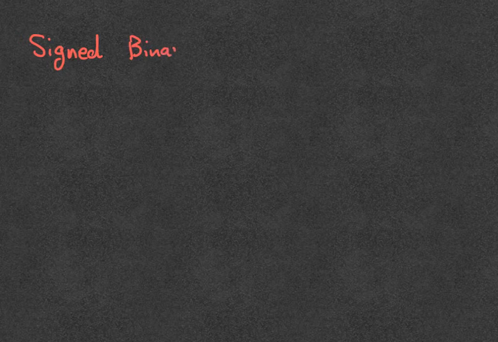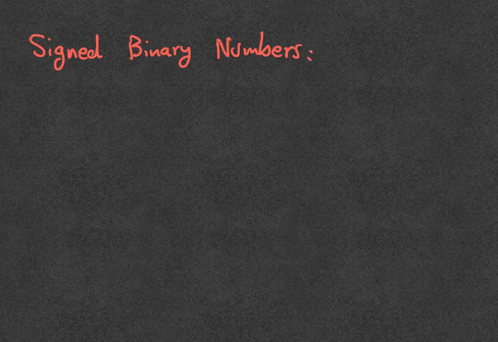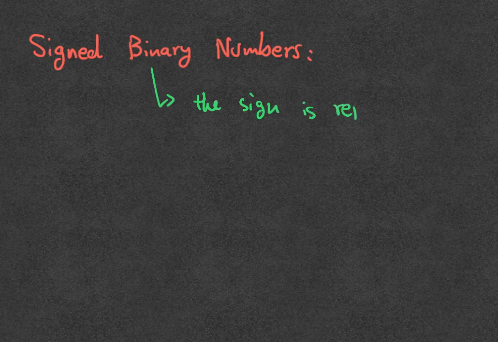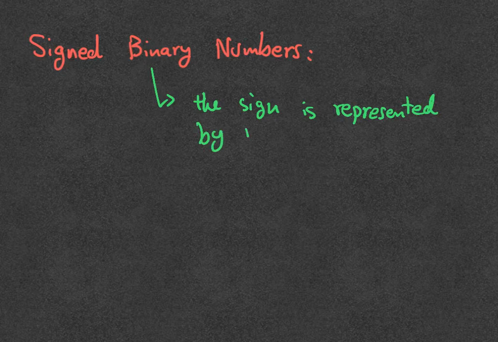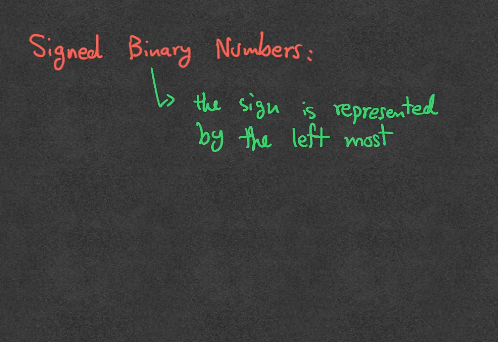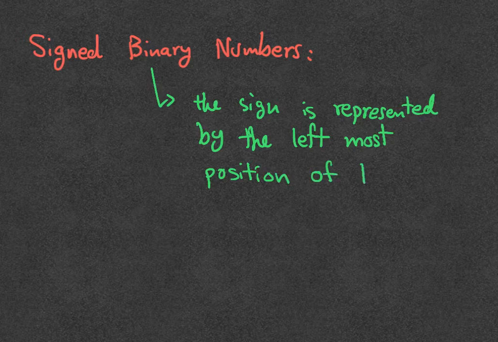Now let's talk about signed binary numbers. In binary numbers, the sign is represented by the leftmost position of the binary number.